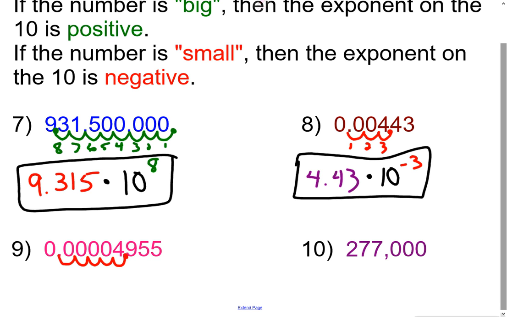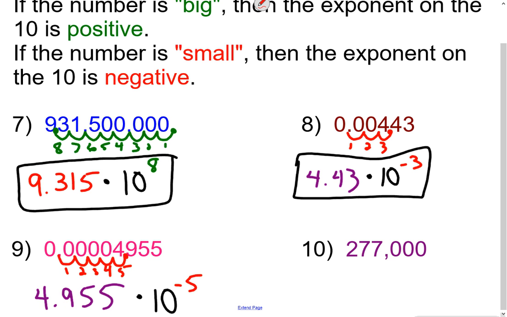I just figured out that my a value is going to be 4.955. And then we're going to multiply that times 10 raised to some power. Well, what power is that? Again, we come back here and go, I moved it 1, 2, 3, 4, and 5. So it's to the negative 5th power. There's my number written in scientific notation.